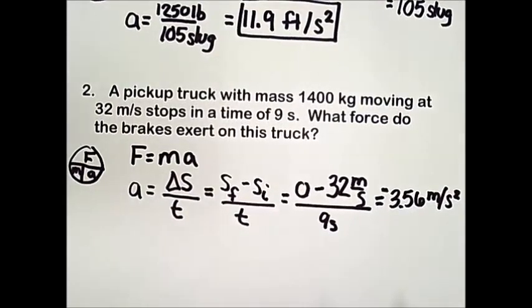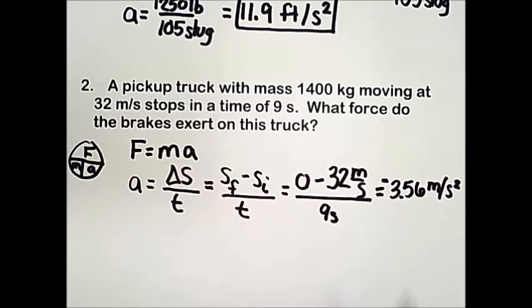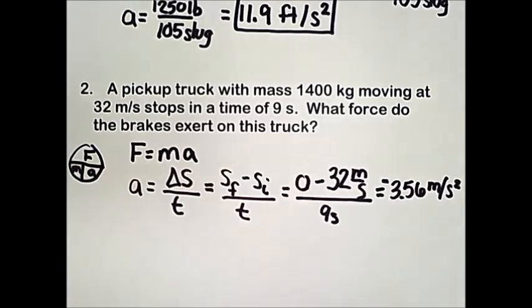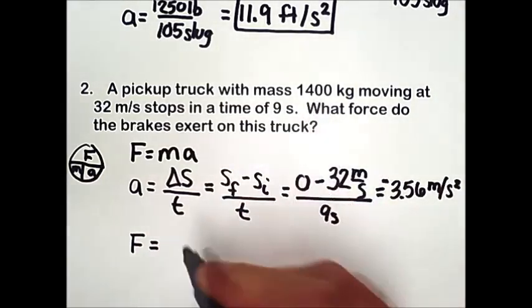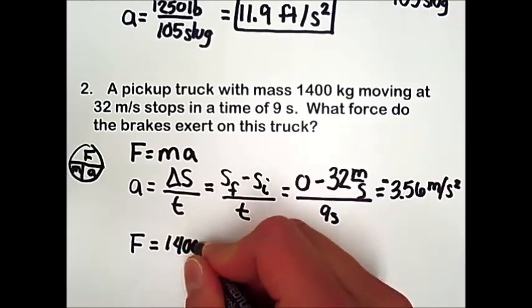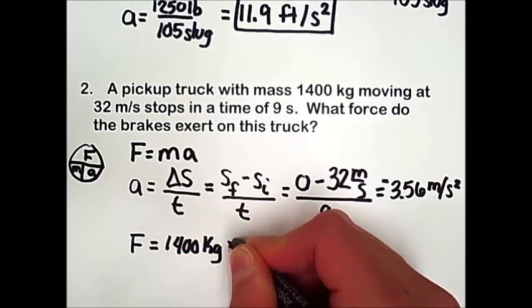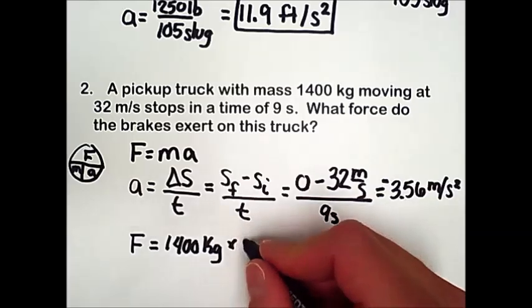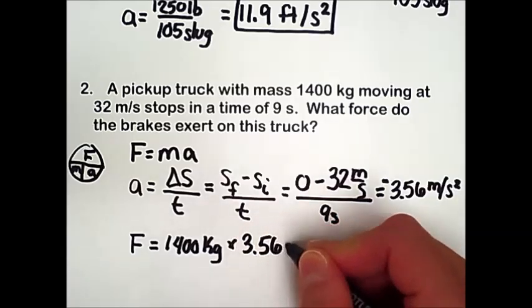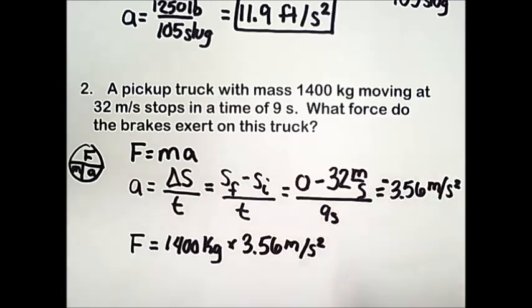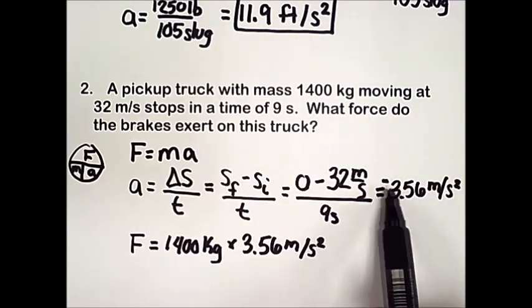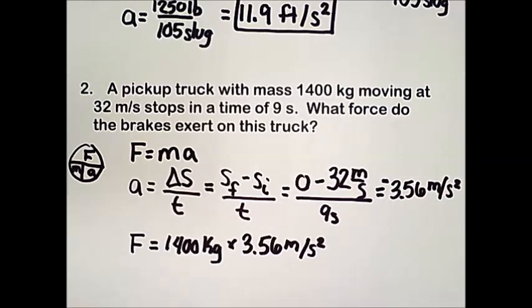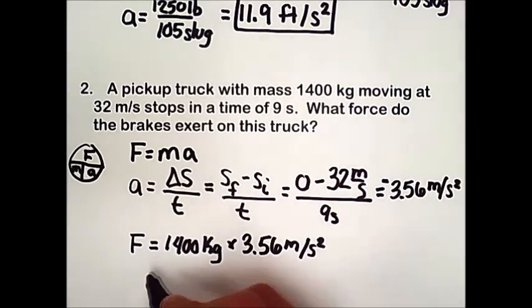So now that we have the acceleration figured out, now we can substitute that into our original equation that we're trying to solve. Force is equal to the mass, which we're told is 1,400 kilograms. The acceleration is 3.56 meters per second squared, and we're dropping the negative sign here because in the force equation, that will just tell us which direction the force is being applied in, and that doesn't matter to us right now.